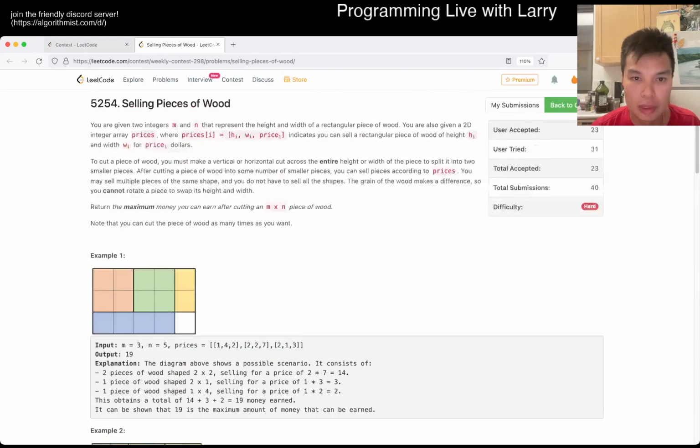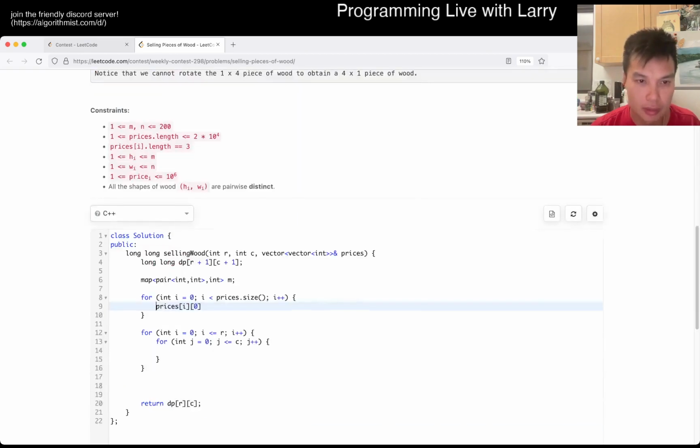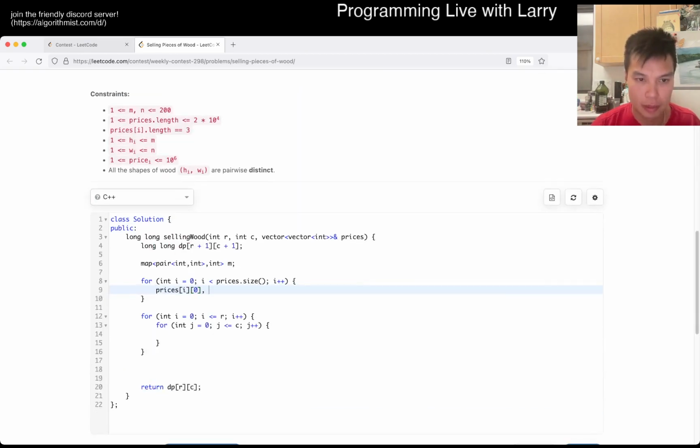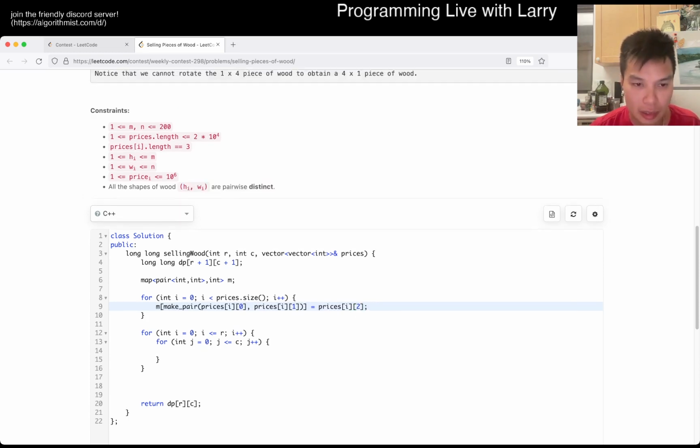So what? Height. Width. And then the price. And okay, they are distinct. Okay, that's good.